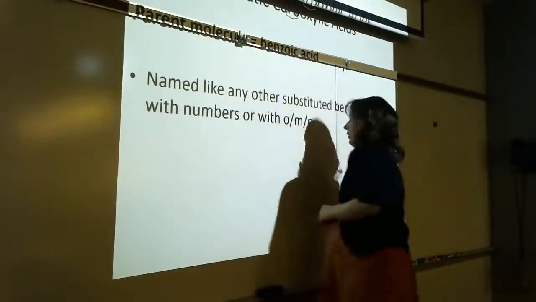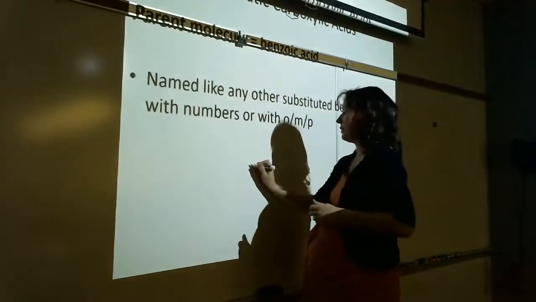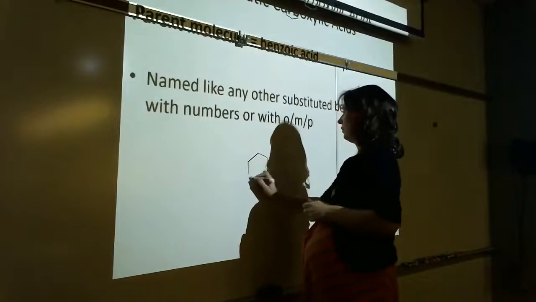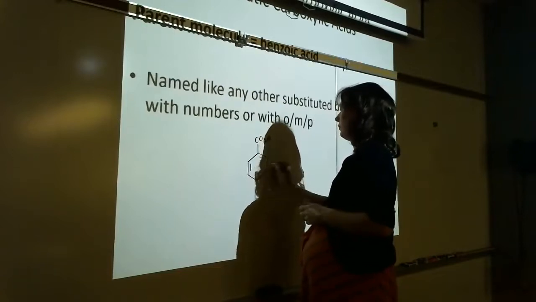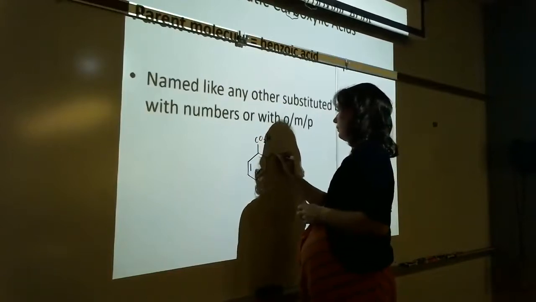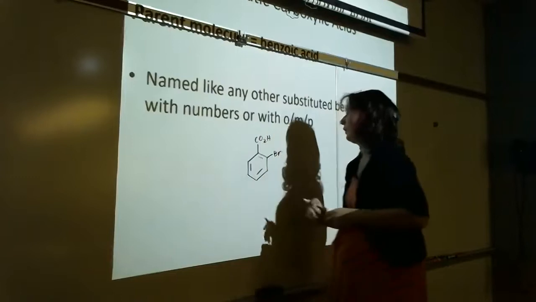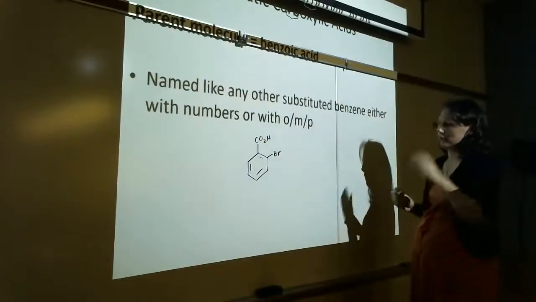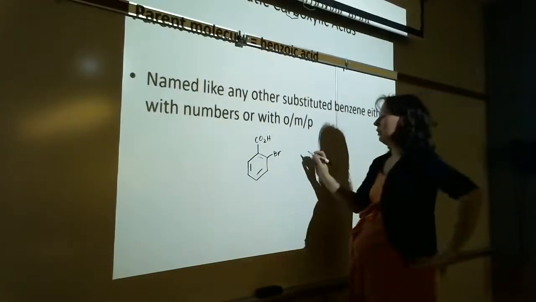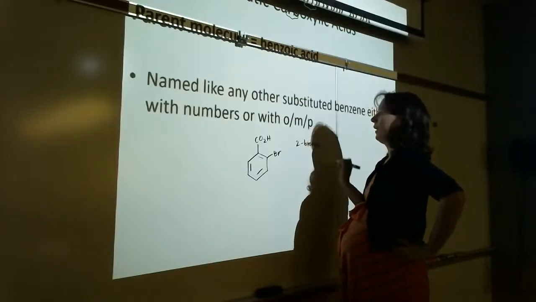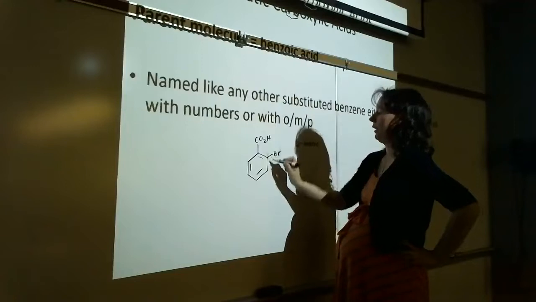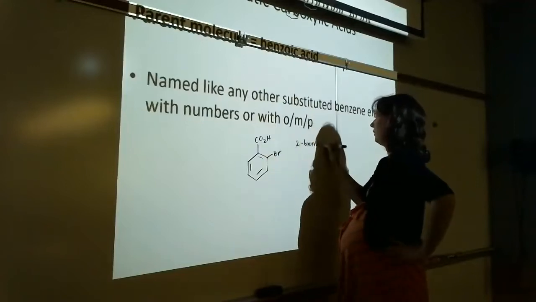So for instance, if you had this, right? You could name this what? You could name it 2-bromo, and then the parent molecule is benzoic acid, right?